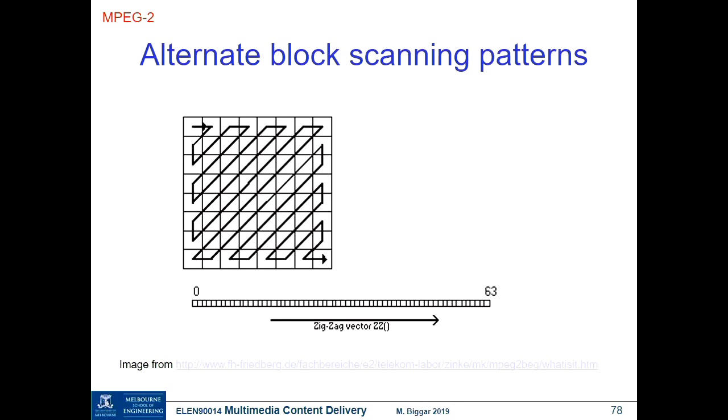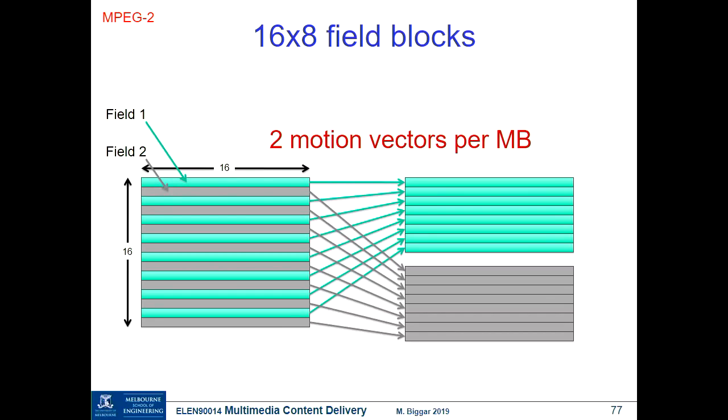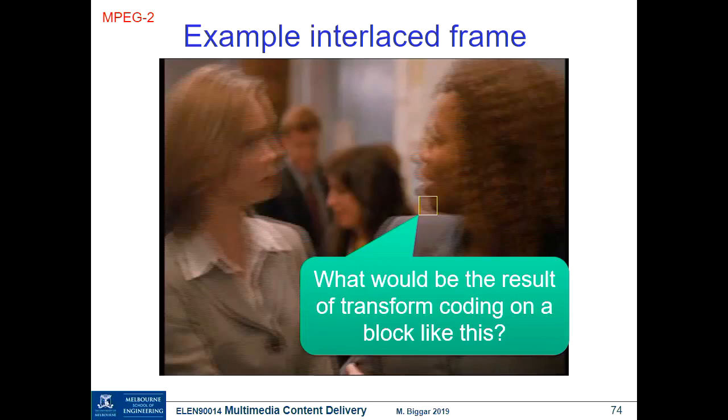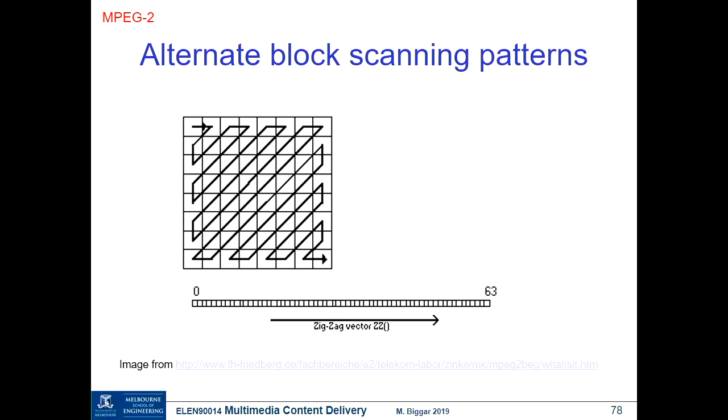So what do you think would be the case if we are encoding these field blocks, or we have some degree of motion between fields which causes this increased vertical high frequencies? What influence do you think that might have on the distribution of the coefficients? So maybe high frequency in the vertical section. Yeah, exactly.